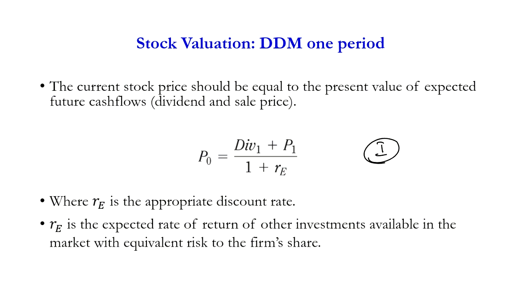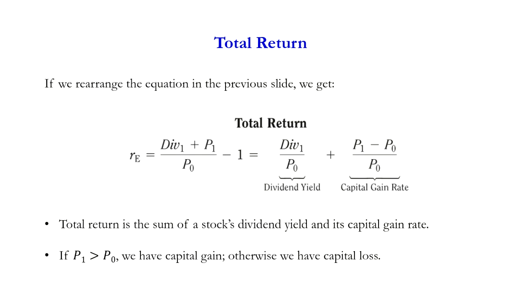If I multiply both sides by 1 plus RE and then divide both sides by P0, and at the end subtract 1 from both sides, I get this formula for total return.